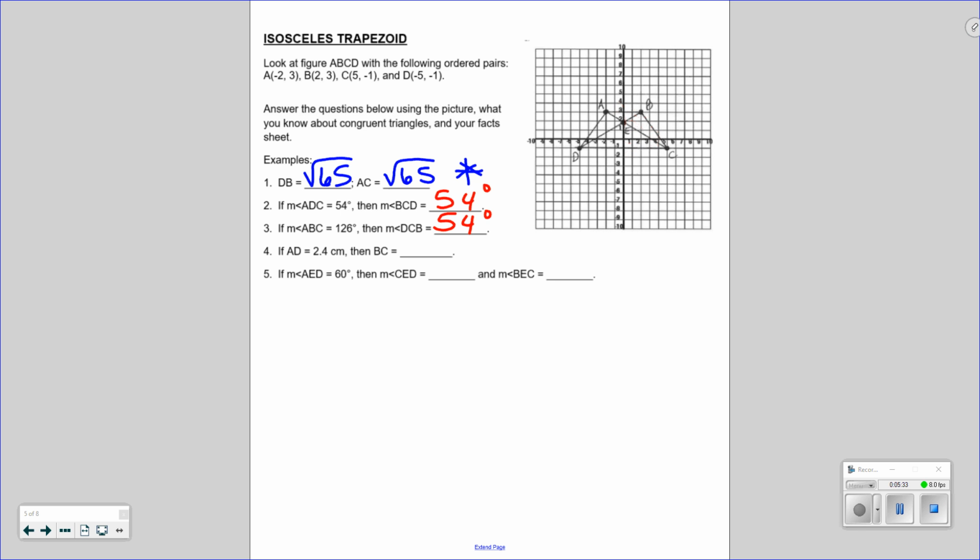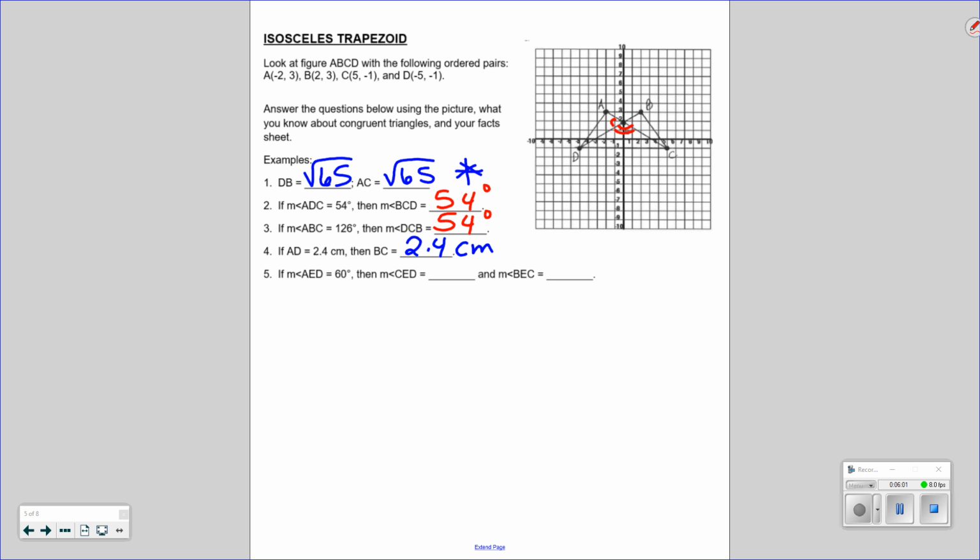Then example 4, if AD is 2.4 centimeters, so that's this side, then BC is also 2.4 centimeters. By definition, we know that the legs are congruent in an isosceles trapezoid. And then if the measure of angle AED is 60 degrees, that is this angle. What's the measure of angle CED? That's the one right next to it.